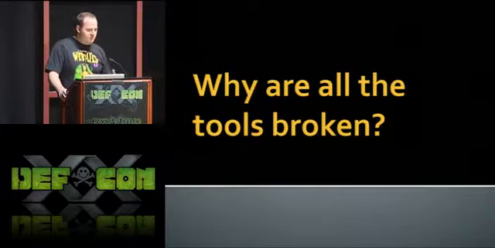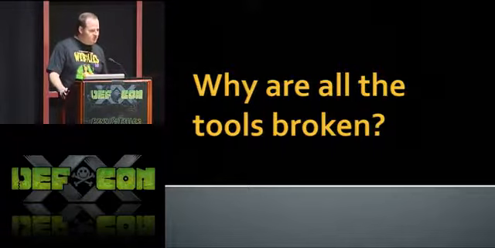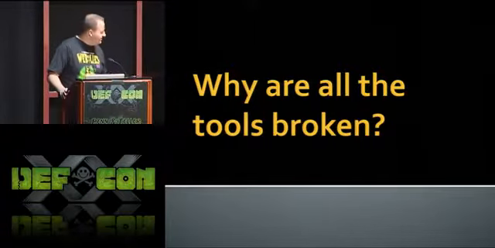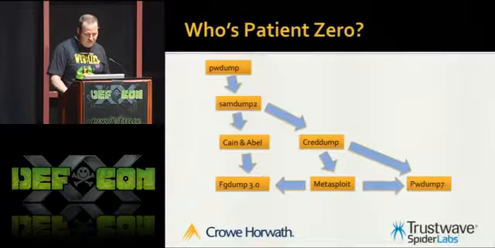Where did this decision-making process come from, this logic that allowed us to determine how we're going to parse our hashes? What we did is we looked at a number of change logs, blog posts, attributions, and Twitter messages, I think in some cases, to figure out how these tools were influenced by the tools that came before them. So we put together a relational diagram that shows how these tools were influenced.